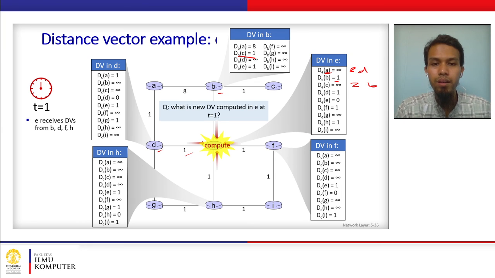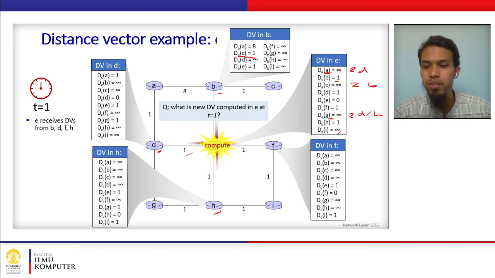So what else? Now G. E gets the information to go through G, whether it goes through D or through H, and eventually they have the same result, the same cost path, which is 2. So we can update this with 2, and we can choose whether we go through D or through H. And finally, to I, the only link that provides this information is H. This is not C actually, there's a typo here.